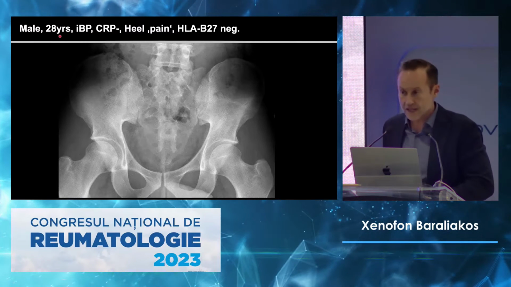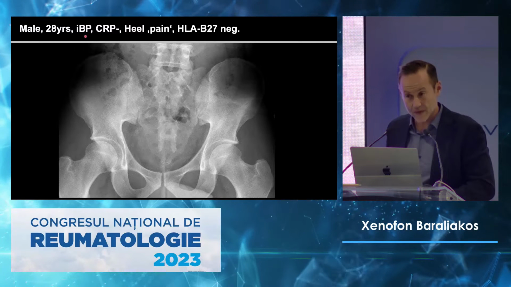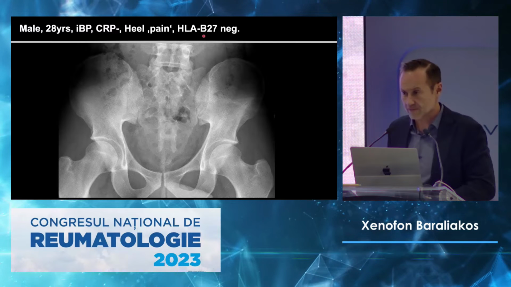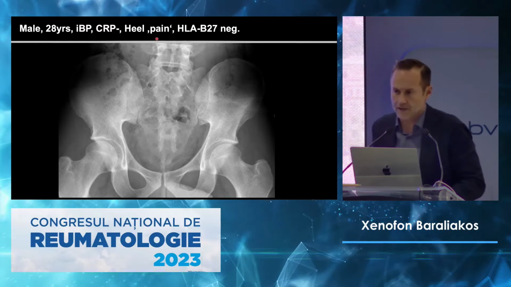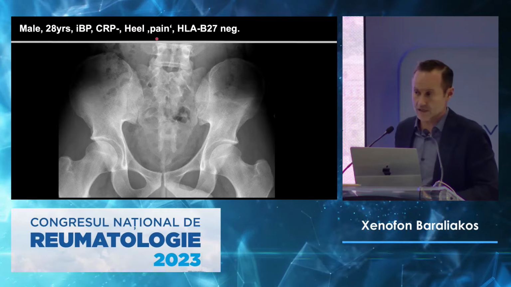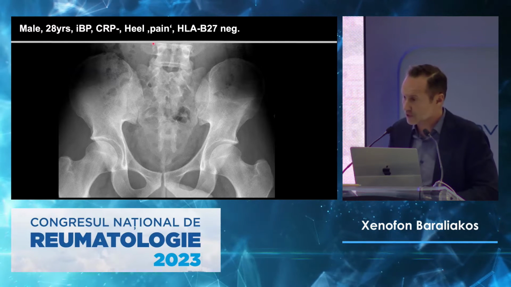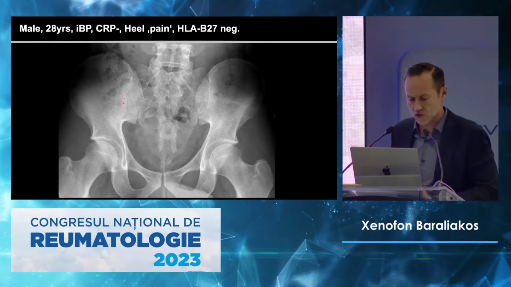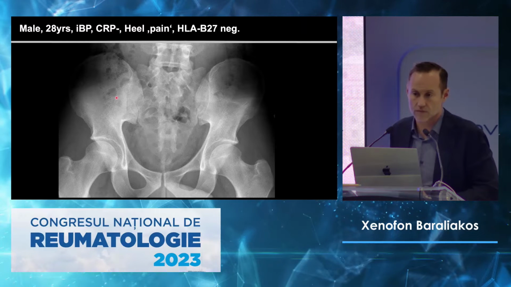He was 28 years old when I saw him, had inflammatory back pain, no CRP, no B27, and he had some heel pain. And the general practitioner sent him to us because he gave him the diagnosis of ankylosing spondylitis. Why? Because this sacroiliac joint here looks pathologic.